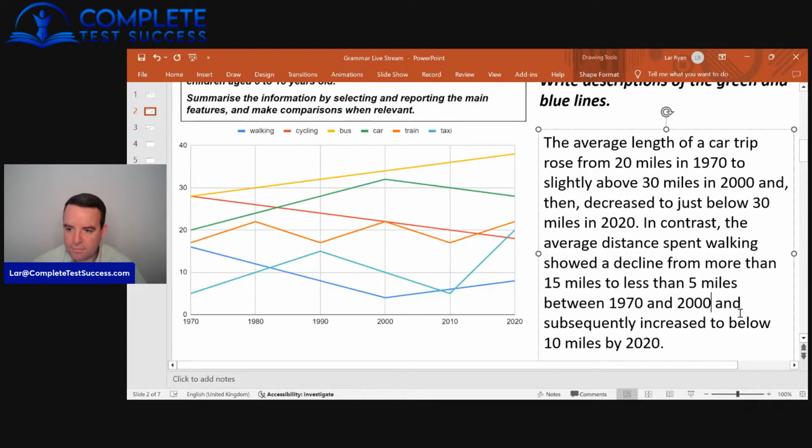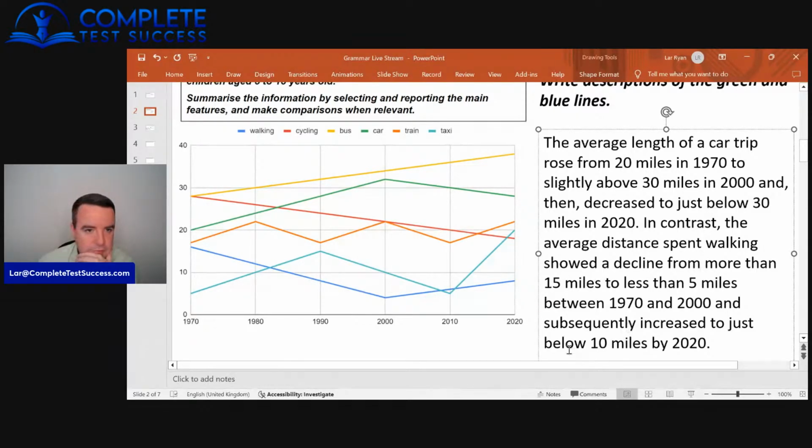We're borrowing the information: the average distance spent walking subsequently increased. So the subject of this clause is taken from the first clause. That's why we don't need a comma before "and subsequently increased to," and again, I'm just going to say just below or slightly below, 10 miles by 2020. Okay, very good.